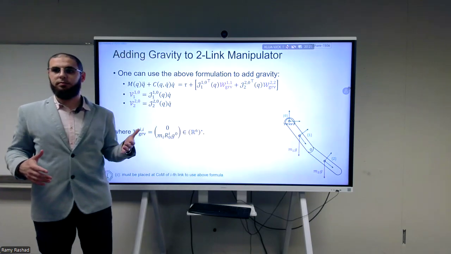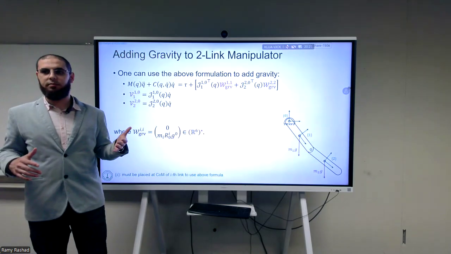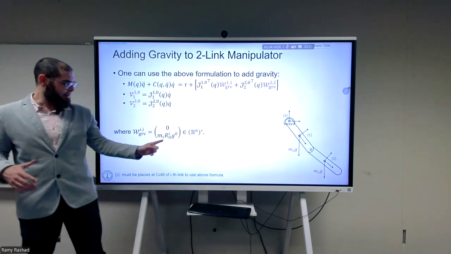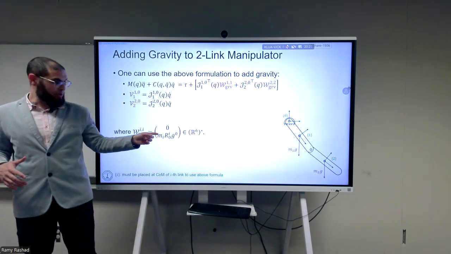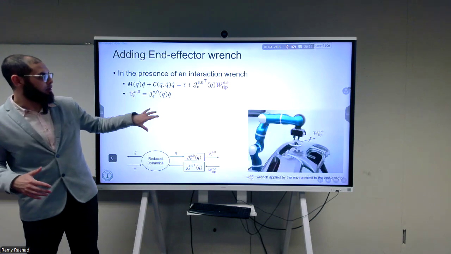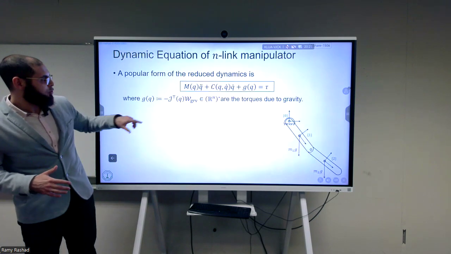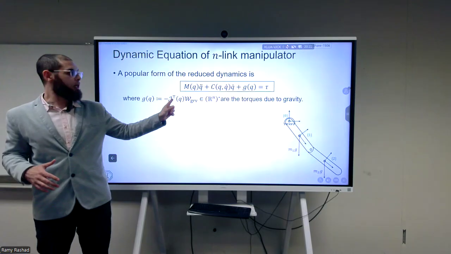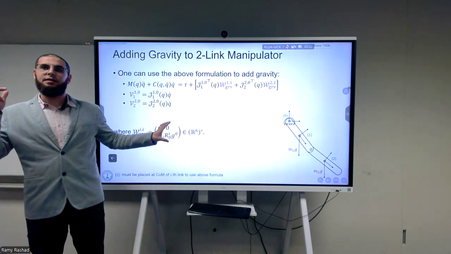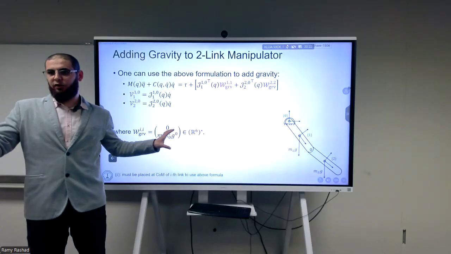No, it doesn't need to. It's very easy to see that using this expression, to multiply by the J transpose assumes that you're already choosing the ith link at the center of mass.